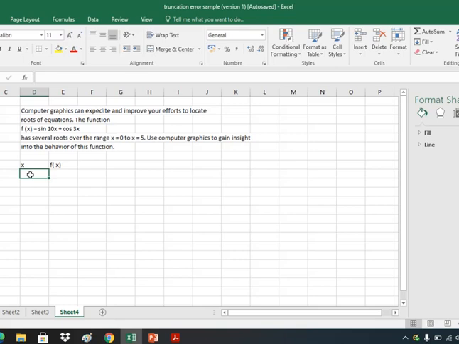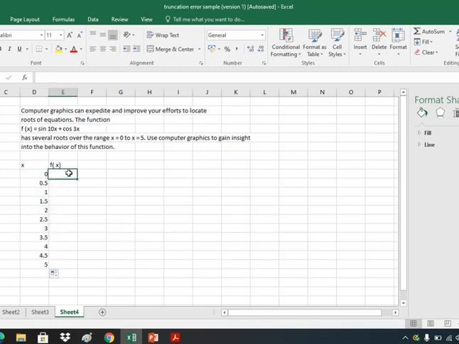So bahala na kayo kung anong interval yung gusto nyong gamitin. Okay, so from 0, let's say every 0.5, hanggang 5 daw.